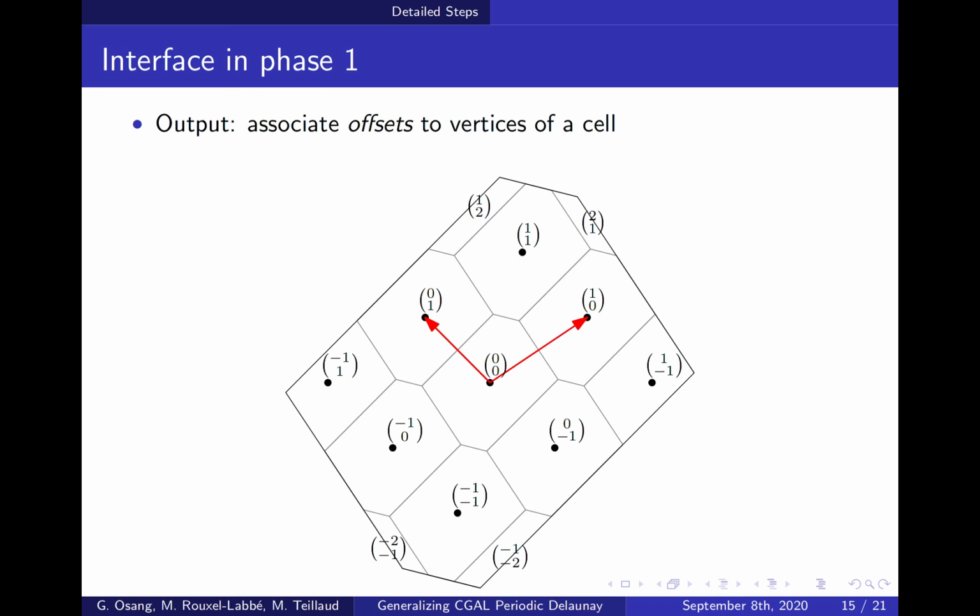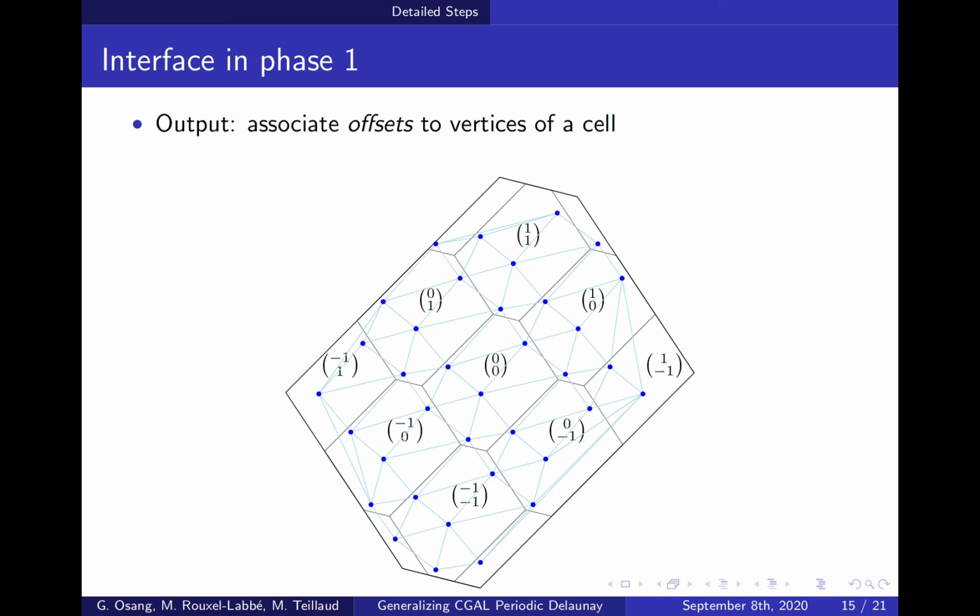Furthermore, each of these lattice vectors is an integer combination of the basis vectors. So each of the copies of this domain can be identified with a vector of integers, which we have done here.